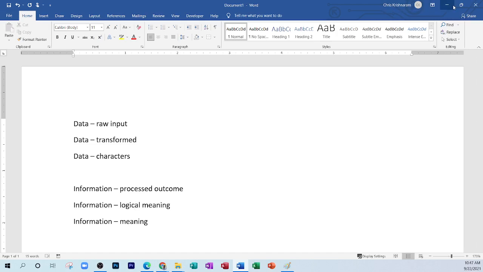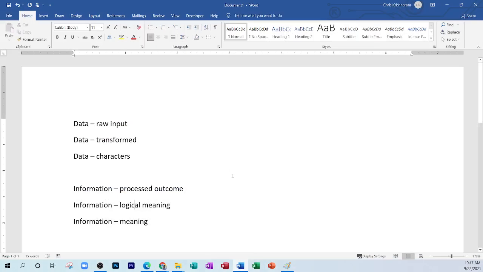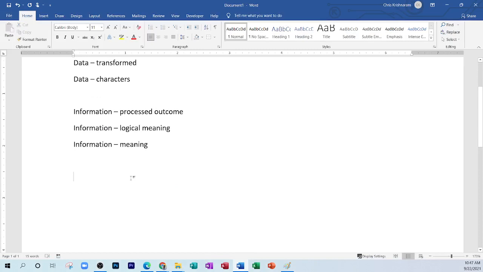For example, if we look at a keyboard, we were talking about the keyboard, and a keyboard is an input. We talked about last week that when you press a key on the keyboard, a signal is sent to your computer. Now, if you were to see that signal, or know what is the code sent to the computer, say this is the code here.